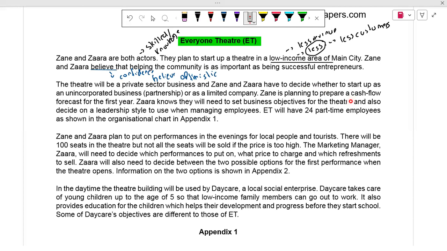If they don't prepare the cash flow forecast, because they are new in business, they will have to face serious cash flow problems. And it is also very important to maintain positive cash flow.